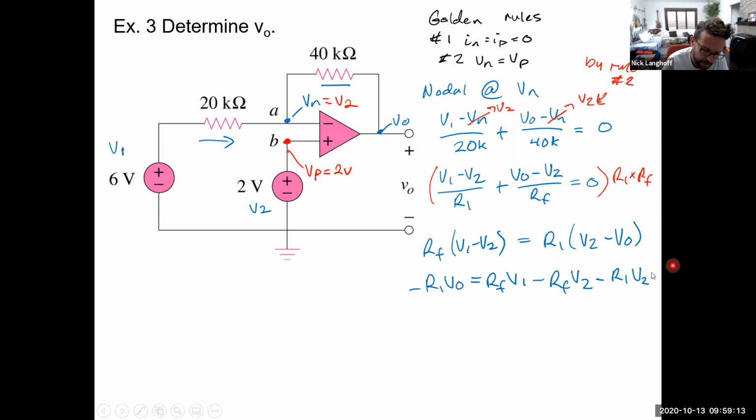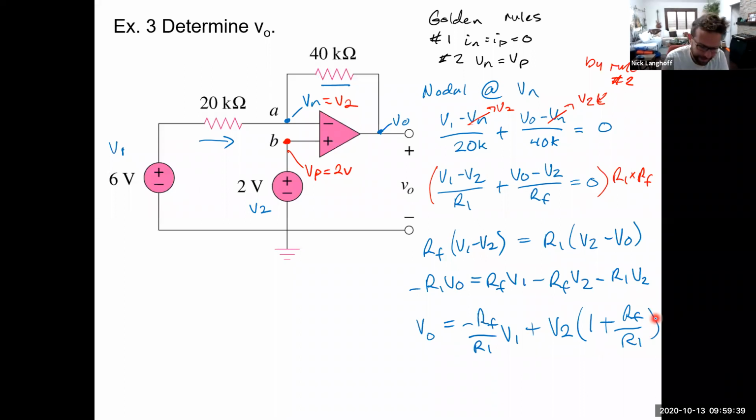And if I then divide through by negative R1 on both sides, we get that V out is equal to minus RF over R1 times V1 plus V2 times 1 plus RF over R1.